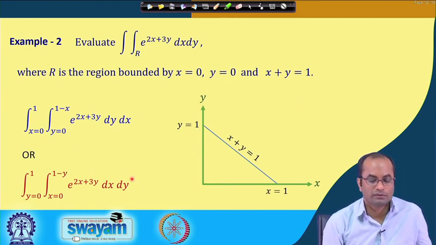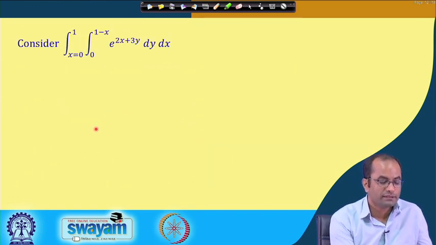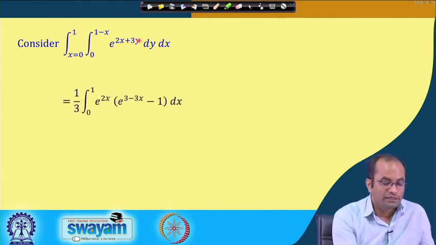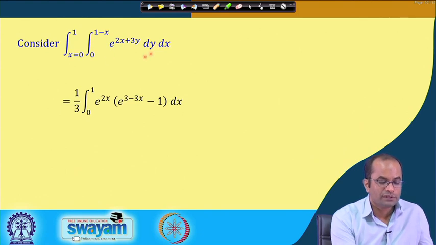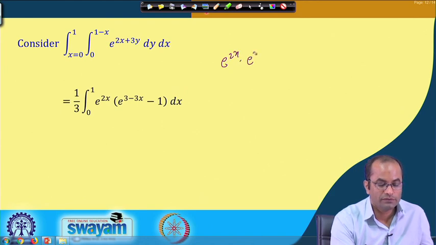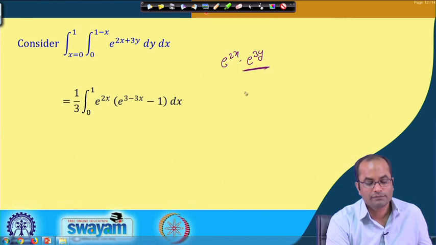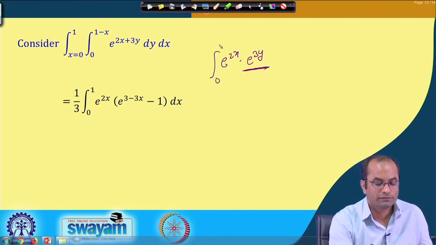And then either we can take the first integral or the second one to compute. So, let us take the first one. So, taking this one here, 0 to 1 minus x, and this x goes from 0 to 1. So, we will integrate the inner one with respect to y. We have here e power 2x and then e power 3y, that is our integrand. So, we are integrating with respect to y, the inner one.